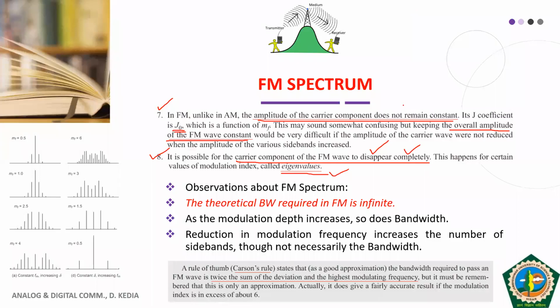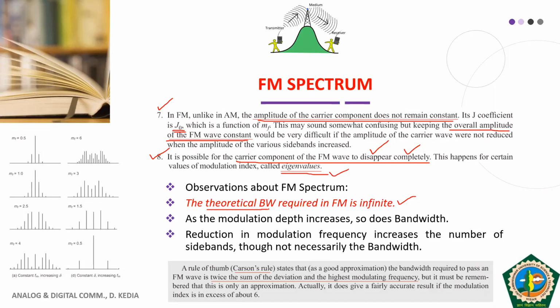So students, after understanding these observations, we may conclude that in case of a frequency modulated signal, our bandwidth is infinite, and we call that the theoretical bandwidth. Obviously, we cannot have infinite bandwidth available for transmission of an FM signal. So what do we do practically? We never use infinite bandwidth.